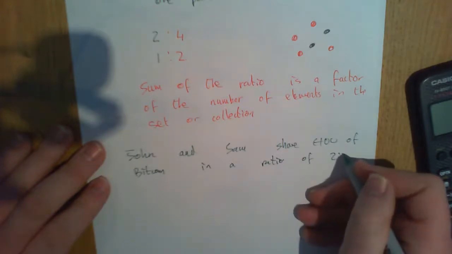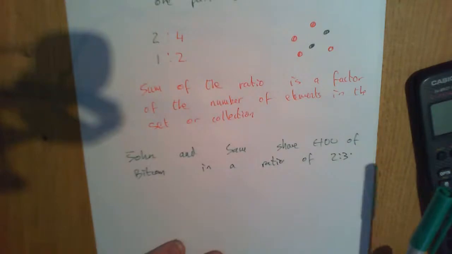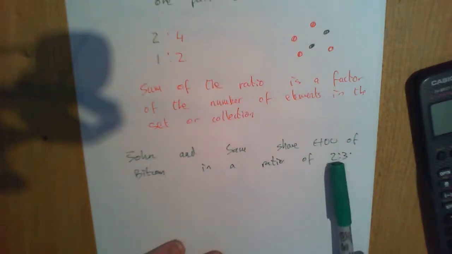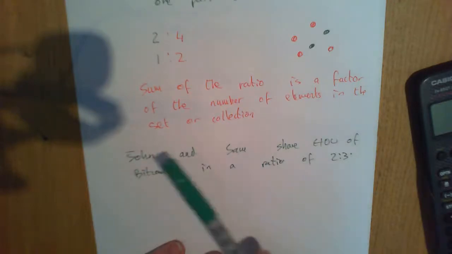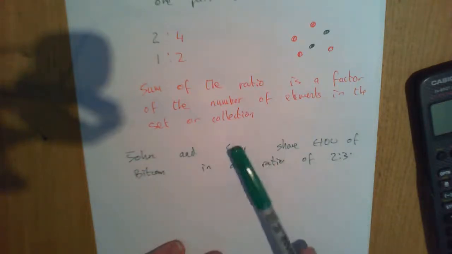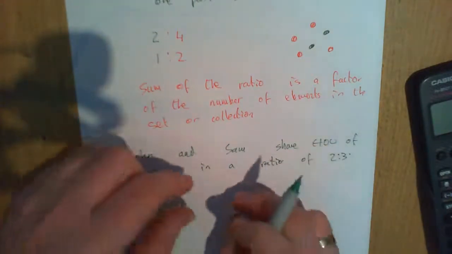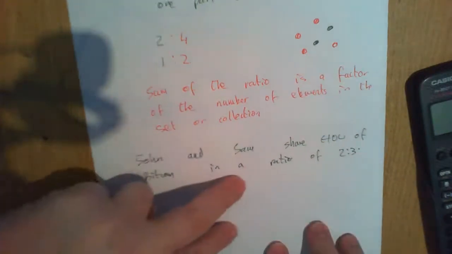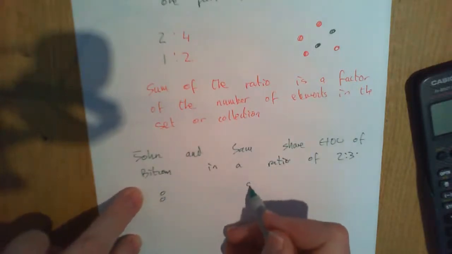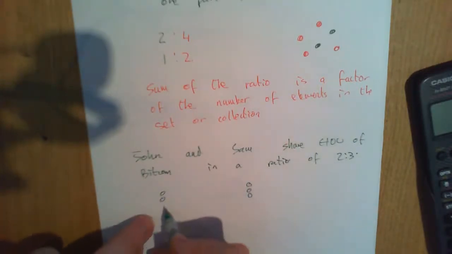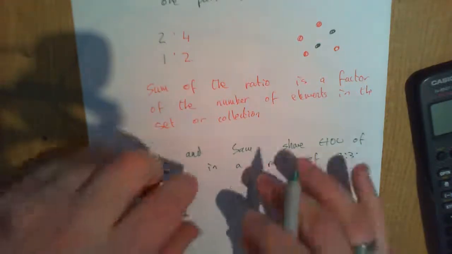Okay? So that means that for every 2 bits of €100 of Bitcoin that John gets, Sam will get 3. So we could actually split it up. We could get €100 coins, give 2 to John, 3 to Sam, then give the next 2 to John, the next 3 to Sam, and do that until we have no more coins left. Okay? And then we would have separated them out.